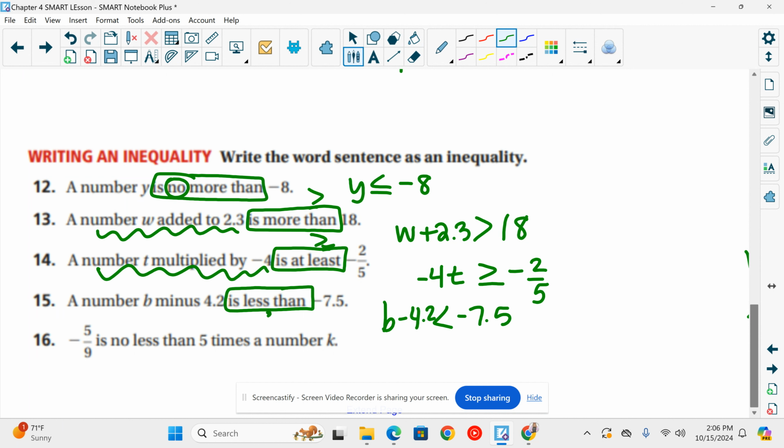Number 16. What's your symbol keywords in that one? Mackenzie? Alright, what inequality symbol goes with is no less than?